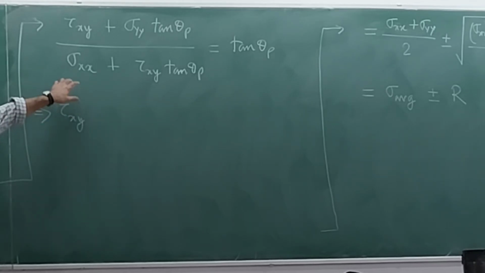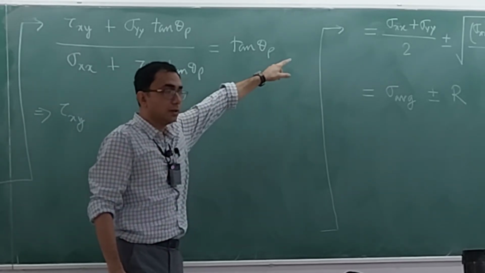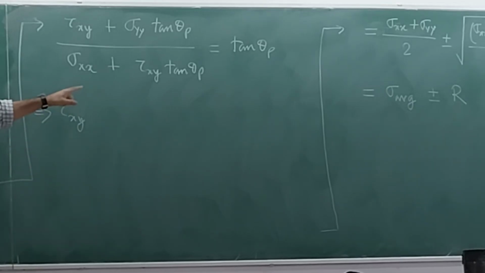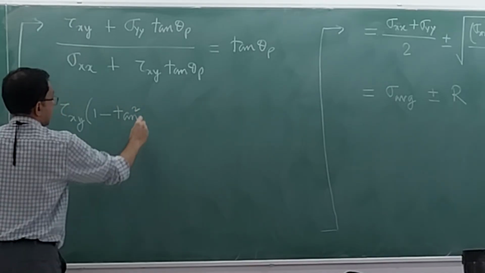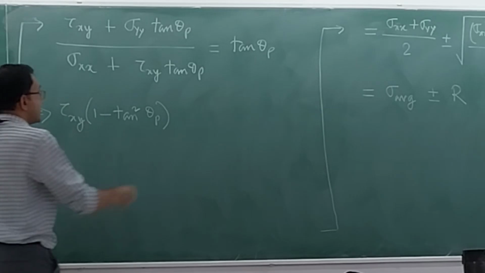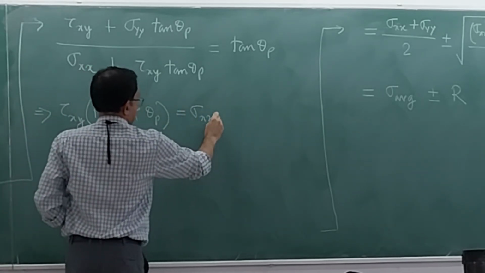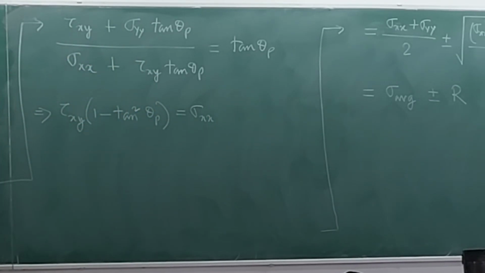In my head, I'm taking this denominator from the left hand side upstairs to the right hand side. So I'll get sigma xx tan theta p plus tau xy tan square theta p. That tau xy tan square theta p I'm bringing to the left hand side, and I'm getting 1 minus tan square theta p. On the right hand side, I have left this sigma xx tan theta p, but on my left hand side in the numerator, I had this sigma yy tan theta p. So I'll bring this to this side.